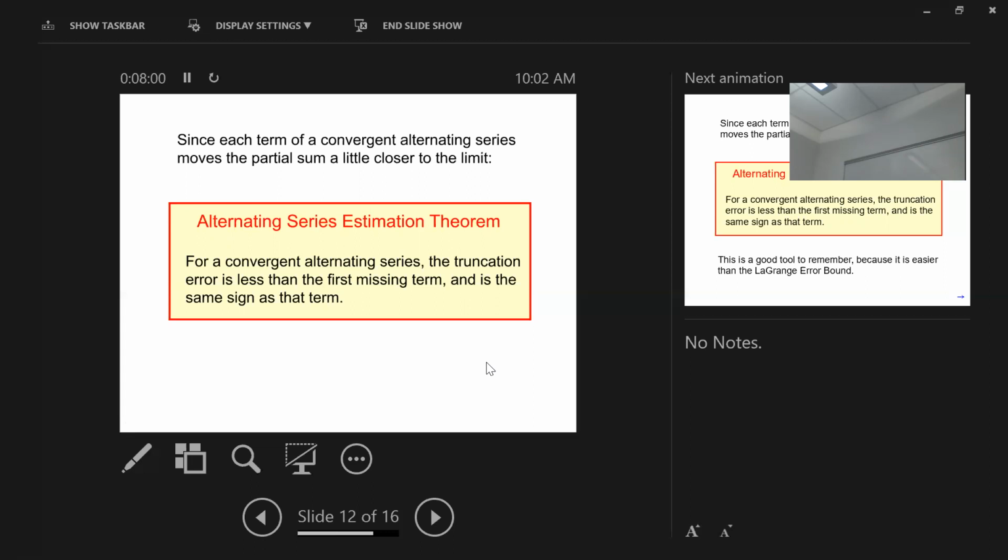If you start at 1 and stop at 1/5, and the next term is -1/6, then that's going to be the largest possible error. Because after -1/6, it's going to be +1/7, which is going to work against that -1/6. So the error is going to take on the sign of the next term, and that would be the maximum amount. You don't have to do Lagrange.